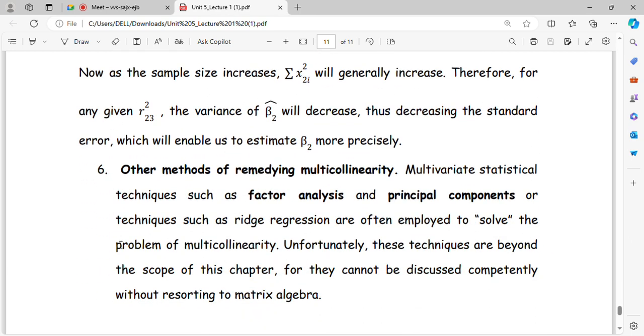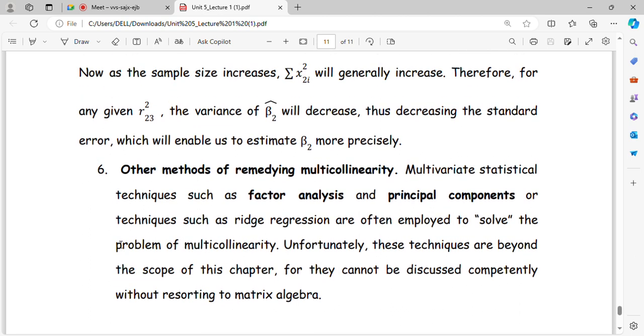Other methods of remedying multicollinearity are factor analysis and principal component. These techniques you will study later, actually at the master's level. Multivariate statistical techniques such as factor analysis and principal component, or techniques such as ridge regression, are often employed to solve the problem of multicollinearity.